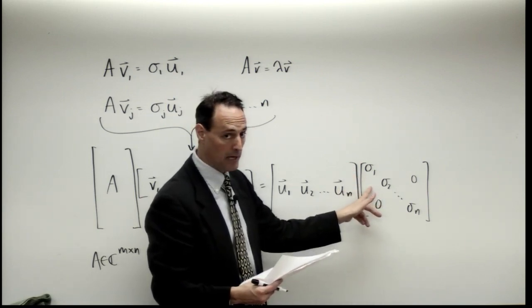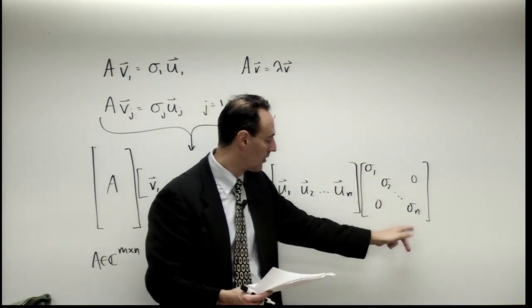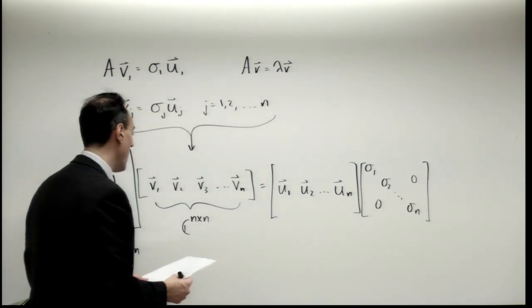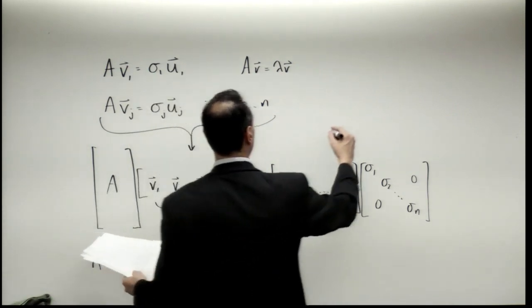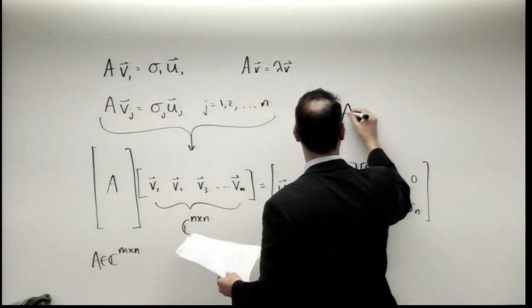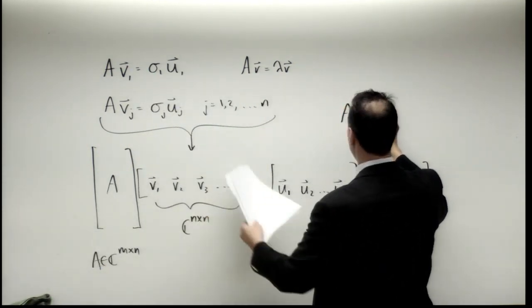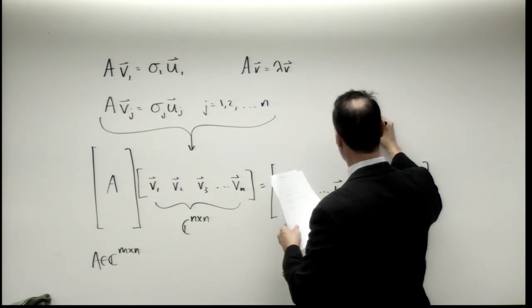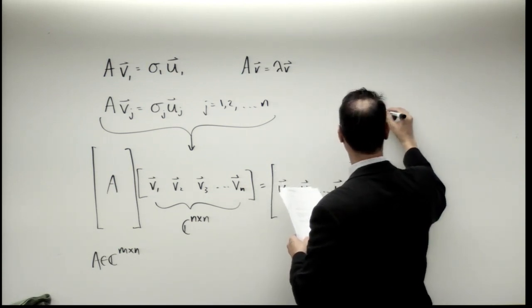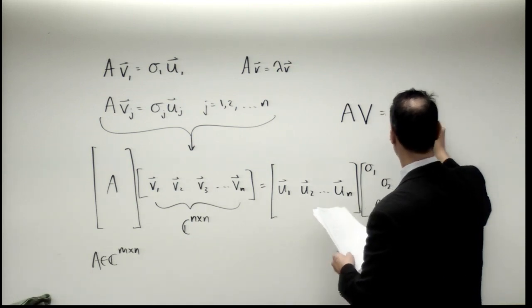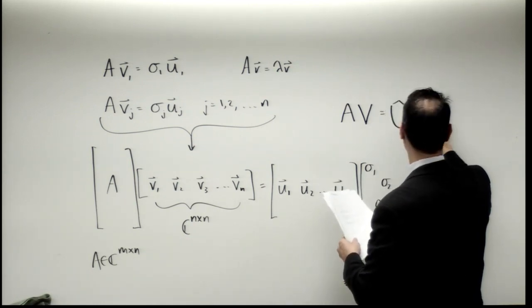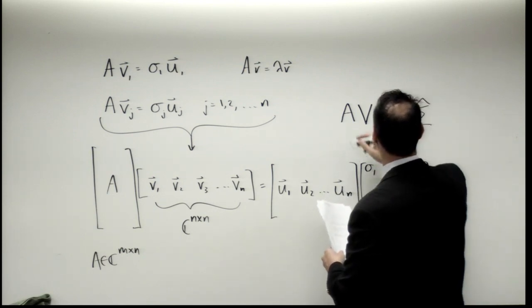This is a diagonal matrix where the sigmas are along the diagonal. So if I have that, then this is the matrix A times, let's call this matrix V, equal to, call this matrix U hat, and I'll tell you why in a little bit, and sigma hat.